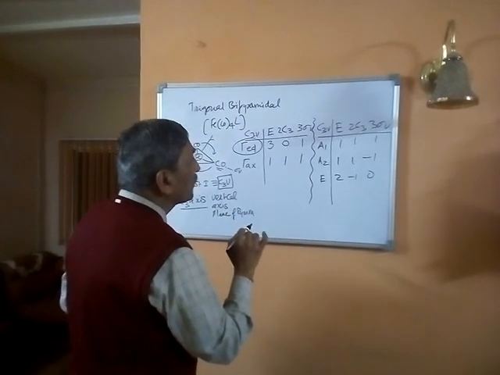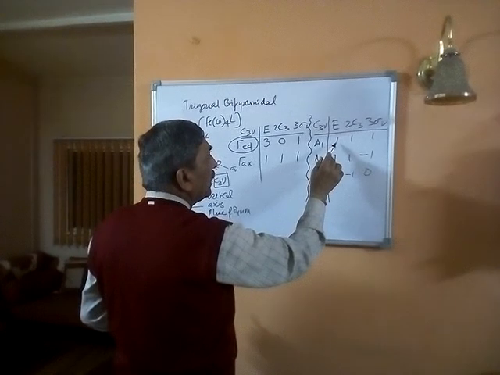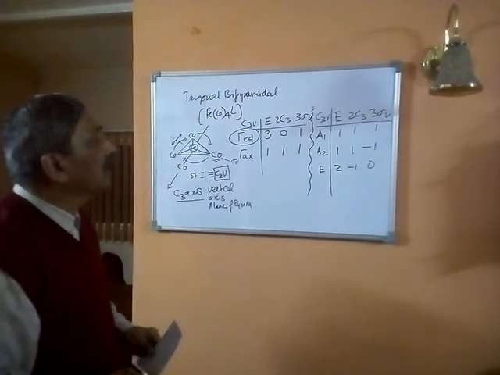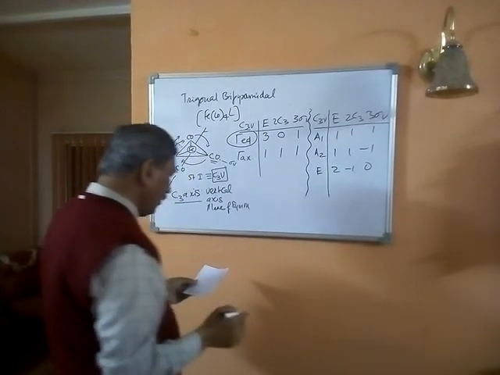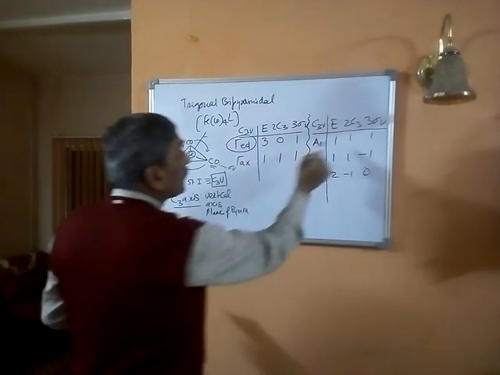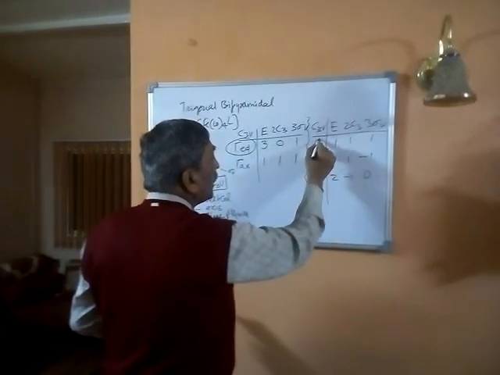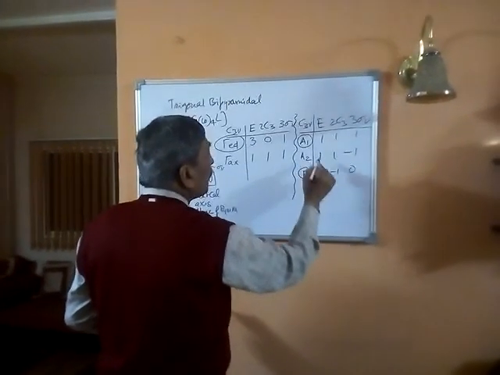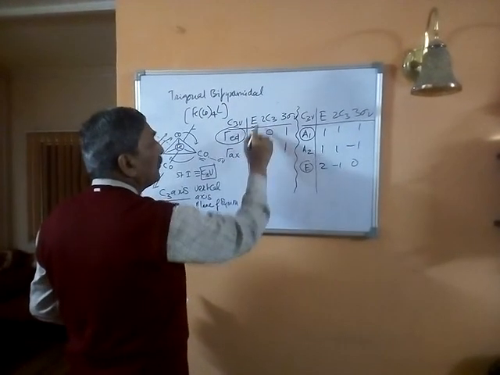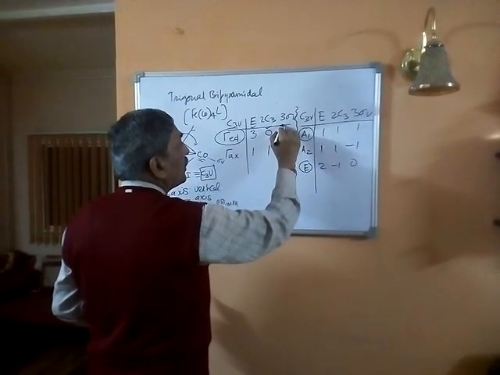If you take an A1 and an E, that means if you combine an A1 and an E, you will find that this A1 and E will come out to be 2 plus 1, 3, minus 1, 1, will be 0, and 0 plus 1 will be 1.